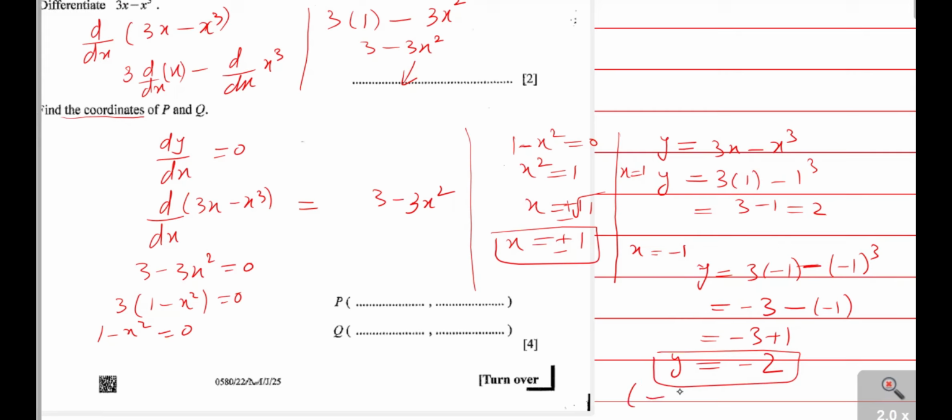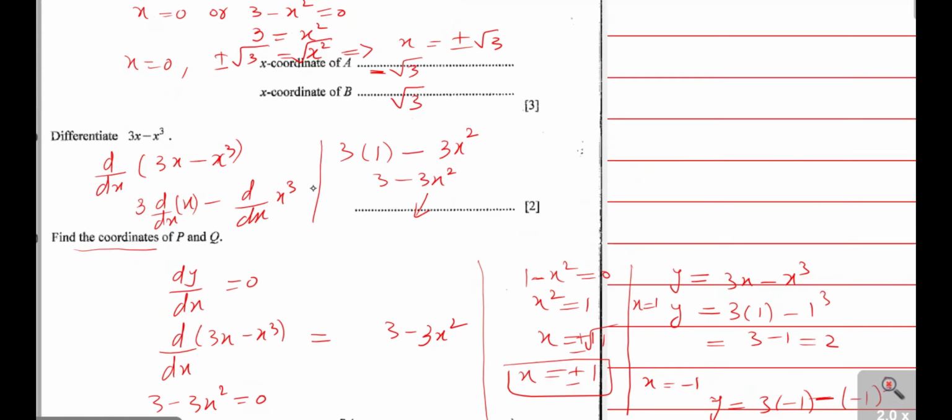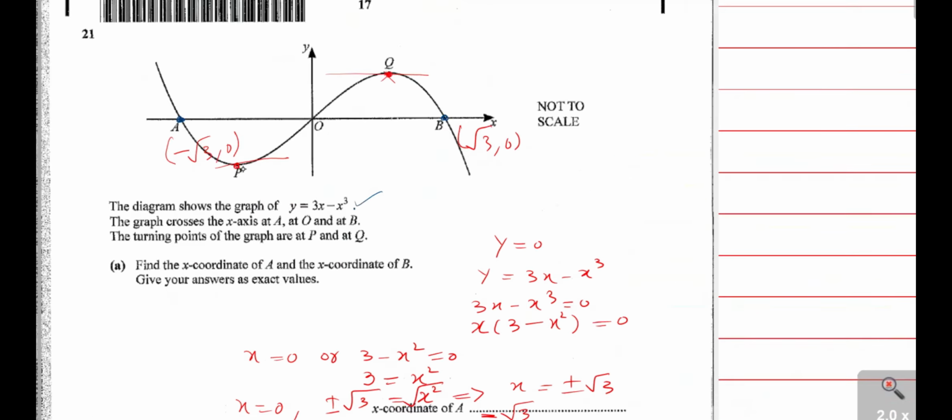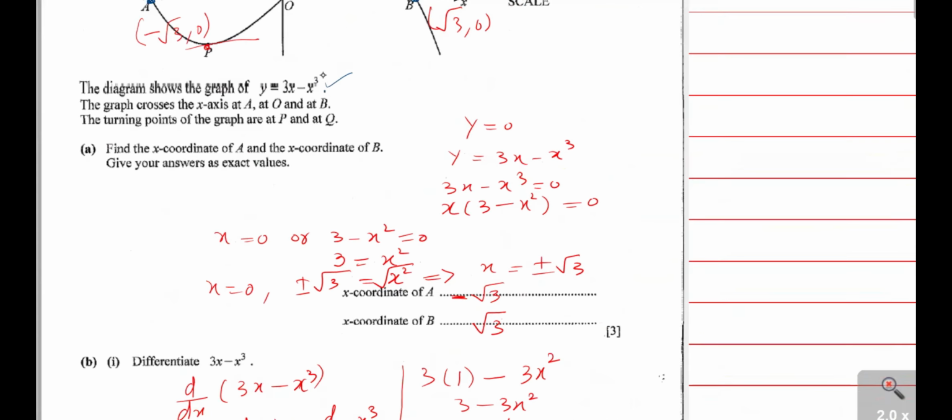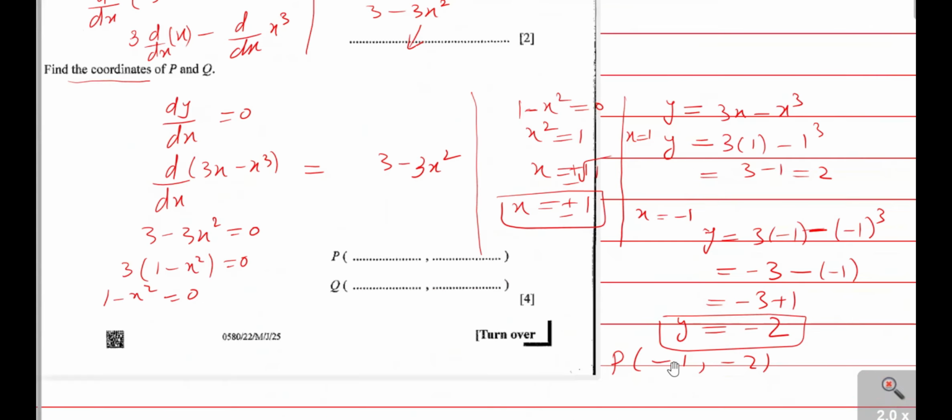Now we write minus 1, minus 2. And this is the coordinate of P, because look here, this is point P on the left side of the origin. Therefore, x is negative, and P is minus 1, minus 2.